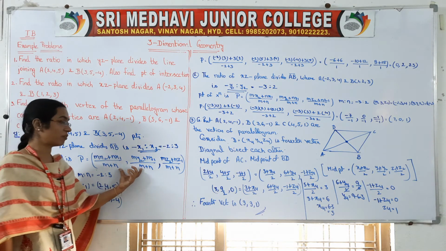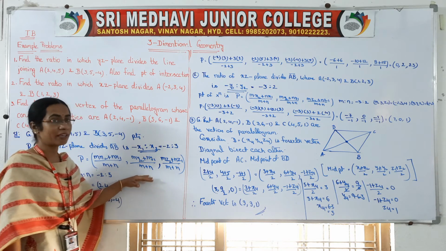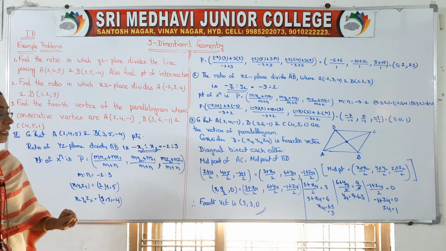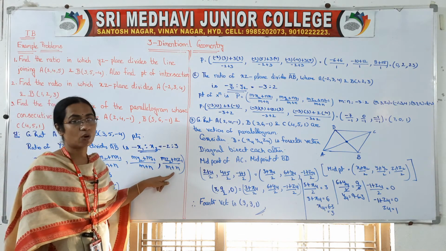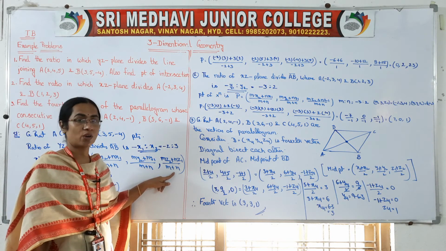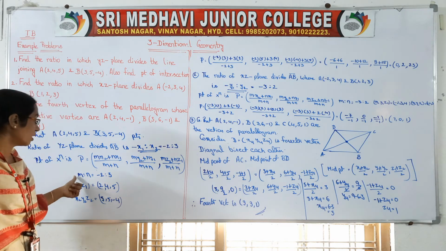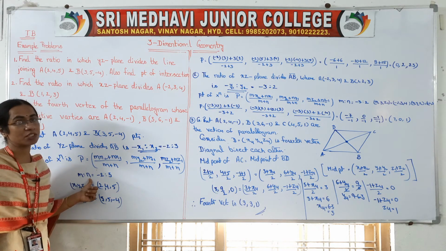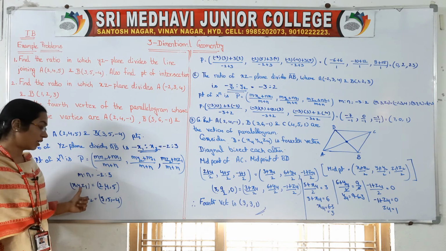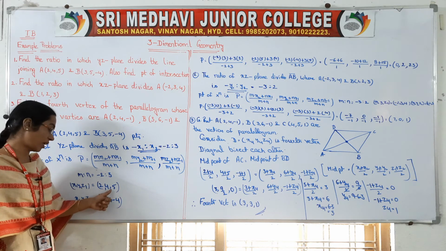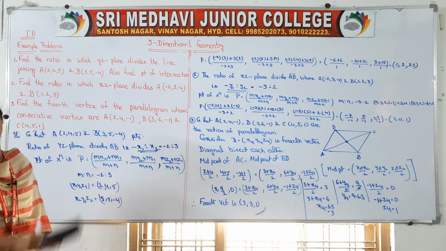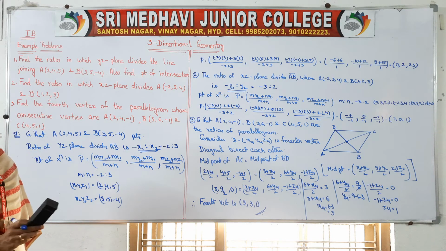Generally in 2D we stop at the y coordinate only, but here we are dealing with 3D, so you have to take the z coordinate formula also. Okay. After that, we already got the ratio. You consider that ratio as m is to n, and your A point as x1, y1, z1, B point as x2, y2, z2. Substitute, and you will get your point of intersection.